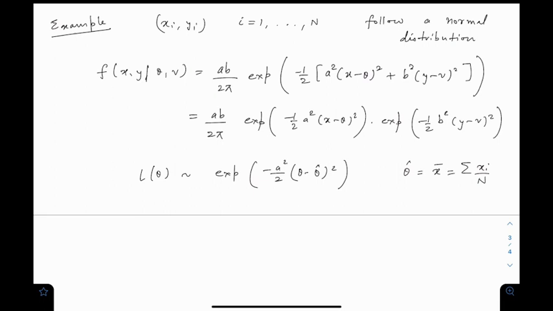Sometimes we manage by means of a parameter transformation to bring the PDF into the desired form, where the PDF basically factorizes into two parts which depend separately on the parameters theta and nu bar.